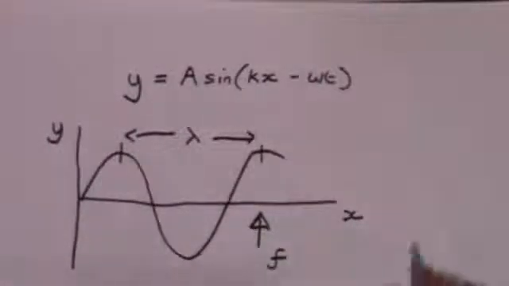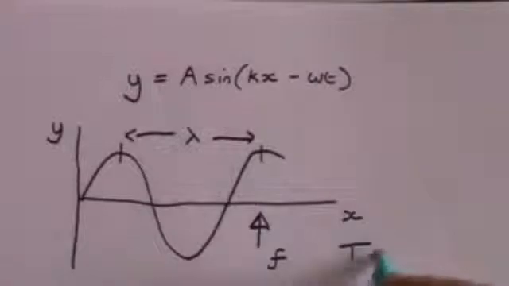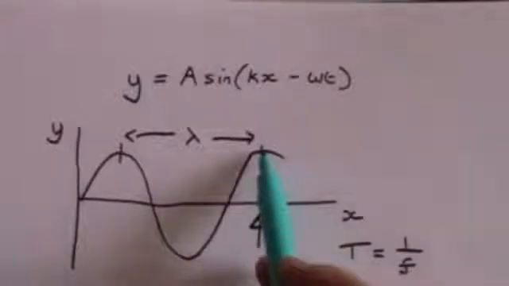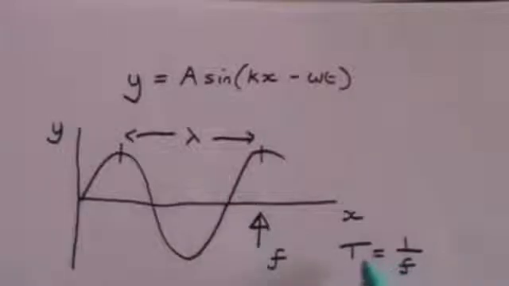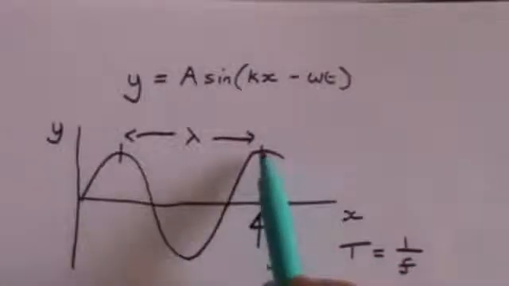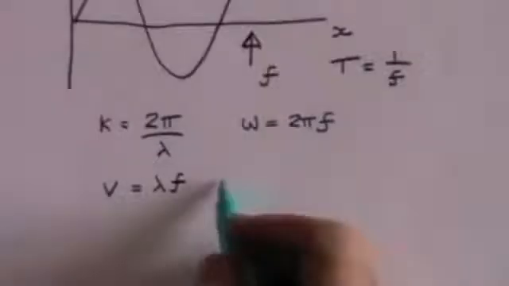The period of the wave, which is sometimes written as T, is equal to 1 over the frequency. The period is the time taken for one wavelength to pass the fixed point. So the frequency is the number of waves which pass in 1 second. The period, T, is the time taken for one wave to pass.